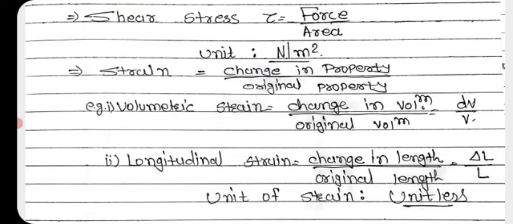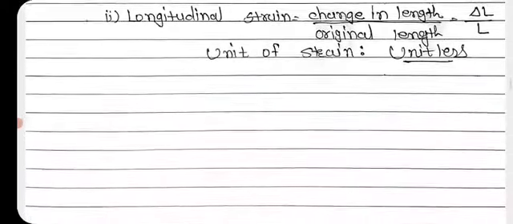This is another notation, so you may write dl or delta L. Delta L means change in length, and original length is capital L. So what is the unit? The properties above and below are the same: volume by volume, length by length. So it is unitless. Strain is a unitless property.